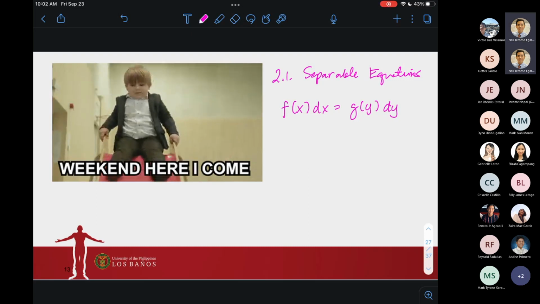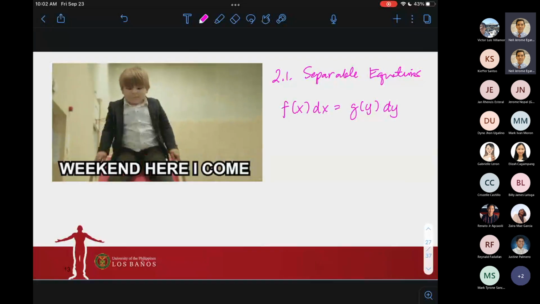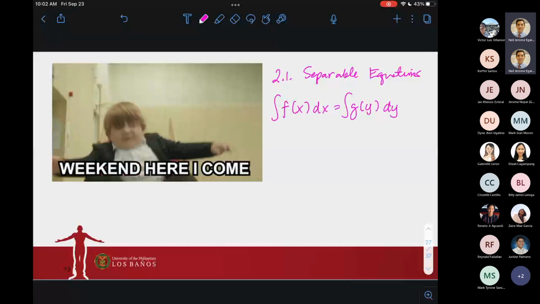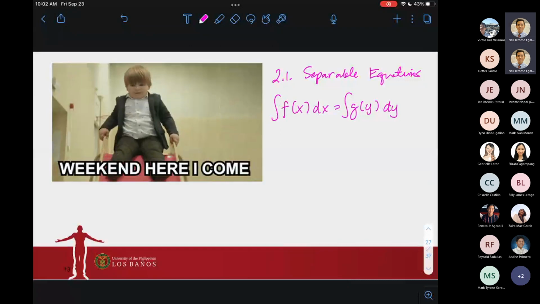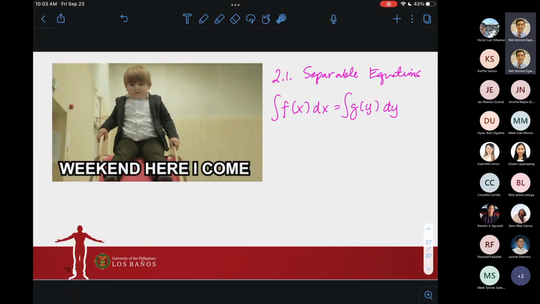This is our goal. Kasi kapag nasulat mo na siya na separated yung dalawang variables, you can get rid of the differentials by integrating both sides of the equation. Ang tanging kalaban na lamang natin dito ay paano nga ba mag-integrate? Because the functions f and g here could be complicated functions.